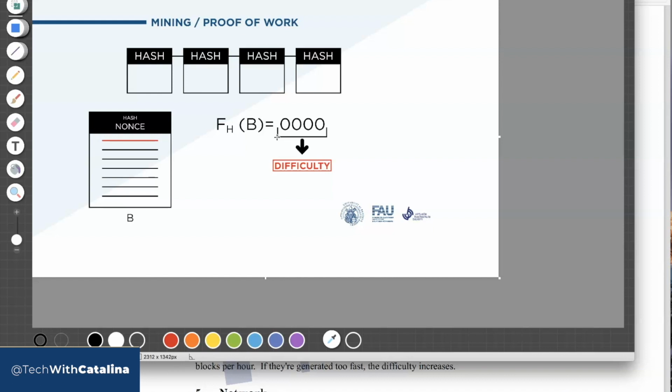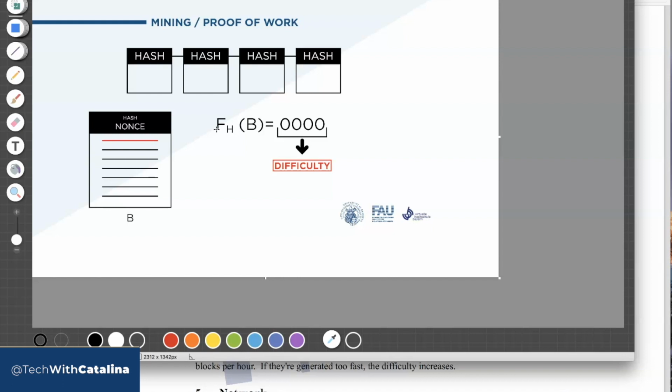And as finding these nonces is based on probabilities, the more miners we have joining the network to mine, the easier it's going to become, right? And the vice versa situation: if a lot of miners stop mining and leave the system, it's going to be way too difficult for the miners to find the next block and the nonce.